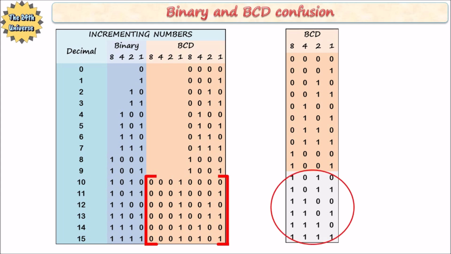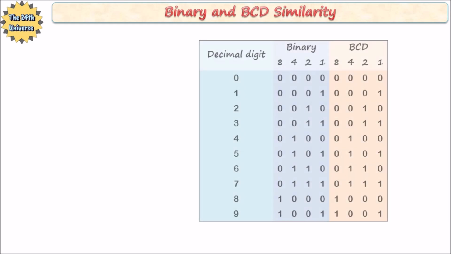We should make sure that does not happen because 1010 is not a BCD digit. That is, as I mentioned earlier, 1010 to 1111 nibbles are not valid in BCD and are called as don't cares.